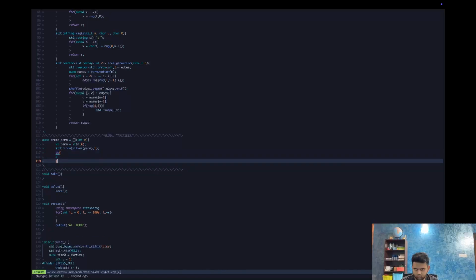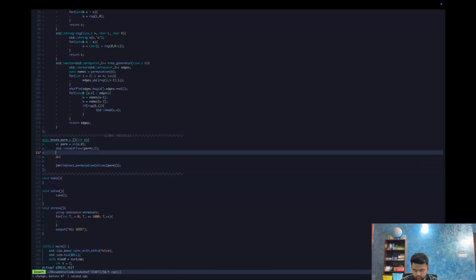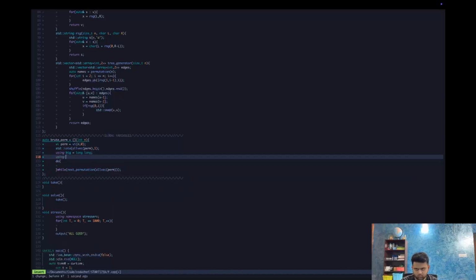Do while next using back is equal to long, using map big dist.